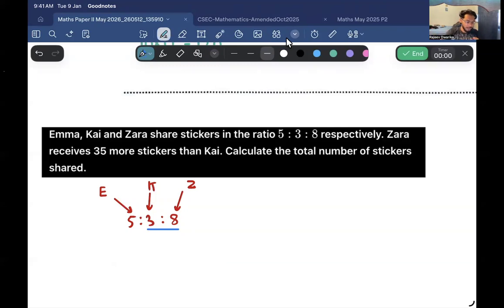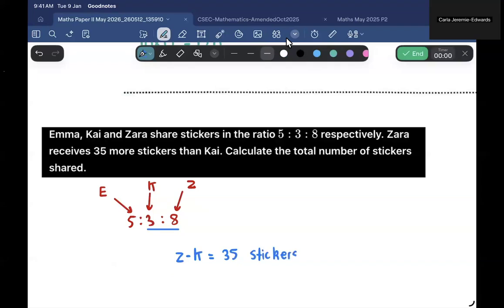So here I was asking, Carla, who got more shares, Kai or Zara? Zara got the most shares. So you're really supposed to say Z minus K, and what will that be equal to? 35 what? You have to tell me. 35 stickers. Right, 35 stickers. Good.